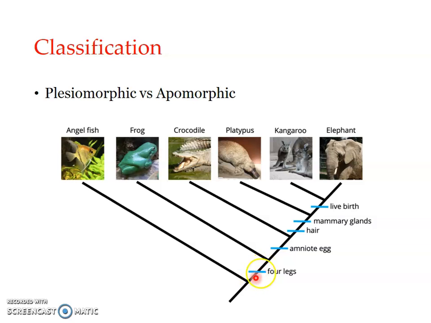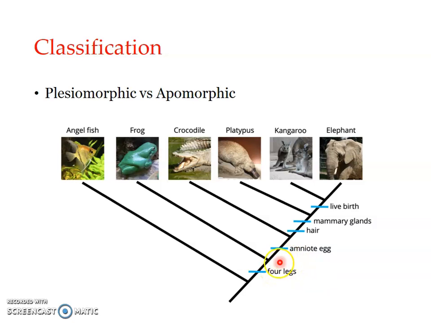During the course of evolution, some of the organisms of this ancestor gave rise to a group of organisms having four legs. This tetrapod gave rise to all the rest of the vertebrates, from the frog, that is amphibian, till the mammal. All the vertebrates except the fishes arose from the tetrapod ancestor.